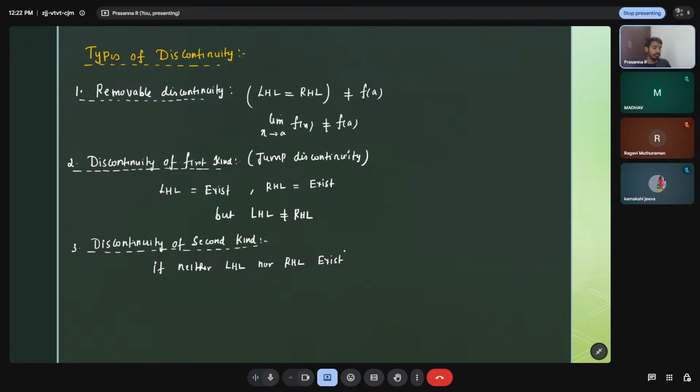Limit will not exist means if you apply the limit, it will be like infinity or like that, right? If neither LHL nor RHL exists, then we say it is discontinuity of second kind, right?